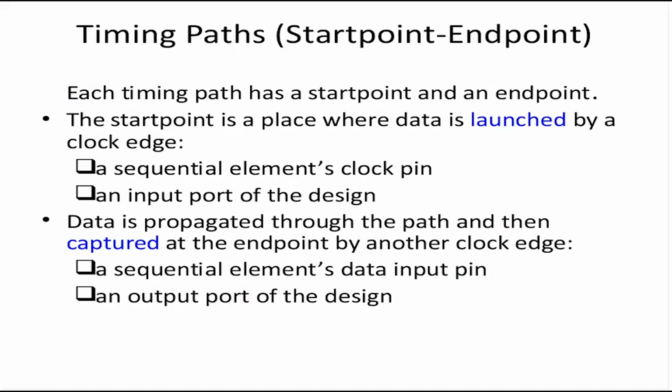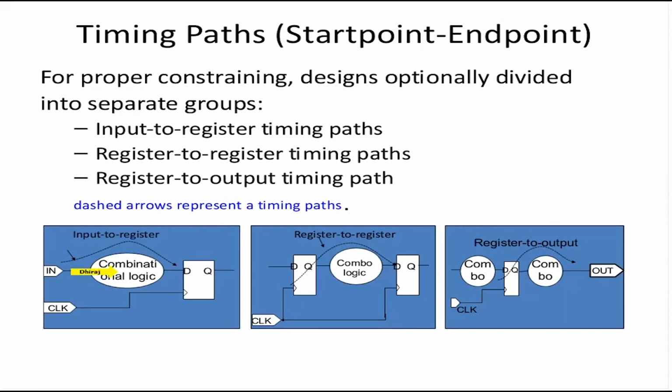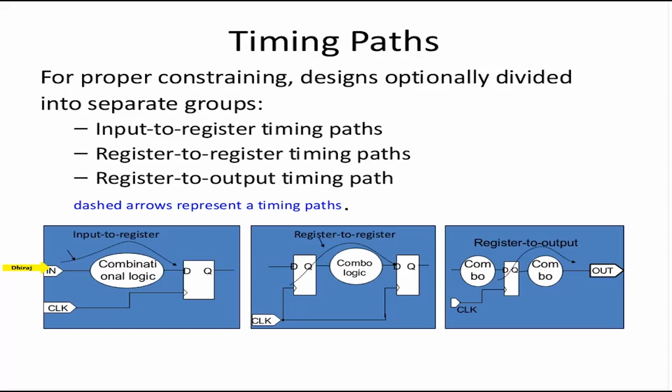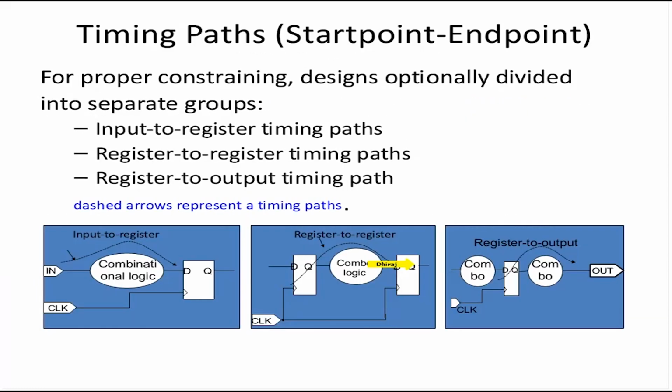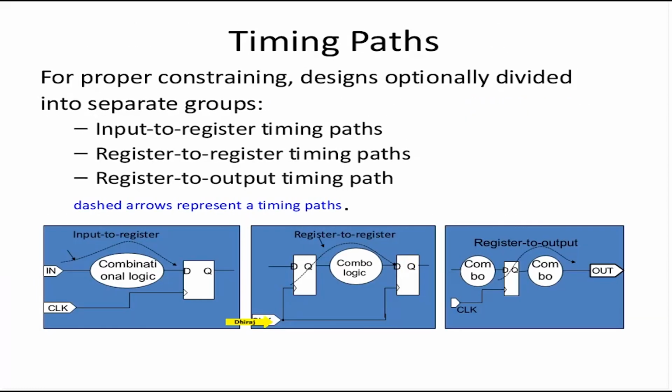Now, each timing path has a start point and an end point. The start point is the place where data is launched by the clock. We are talking about synchronous design, so we'll talk in terms of clock edges. It could be the input port or the clock pin of the sequential element, because the trigger is the clock.